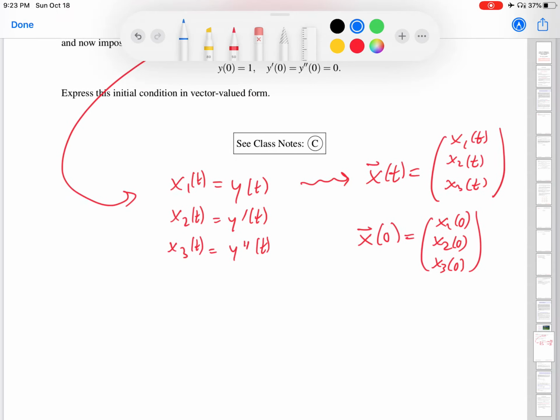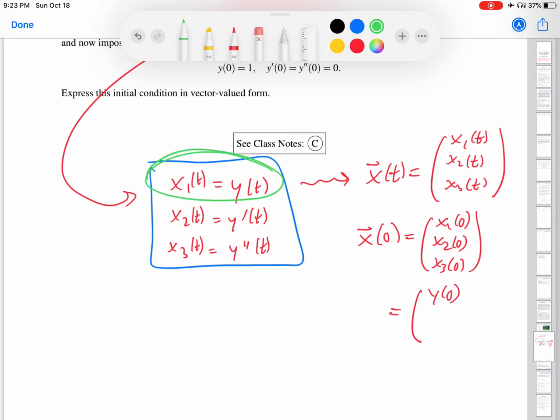And then I'm going to use this substitution. So I'm going to say, oh, x1 of 0 is y of 0. So that comes from this. Okay, and then I'm going to say, oh, similarly, x2 of 0 is y prime of 0. That's the second equation. And then x3 of 0 is y double prime of 0.